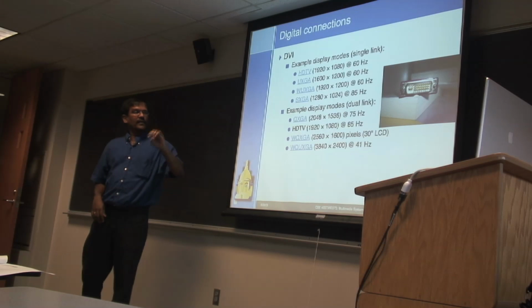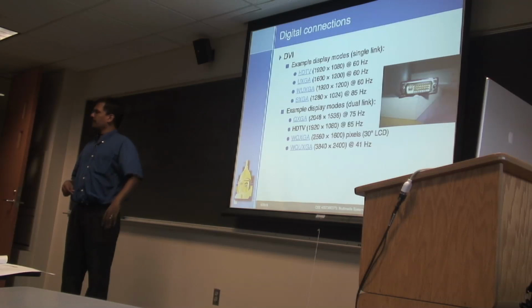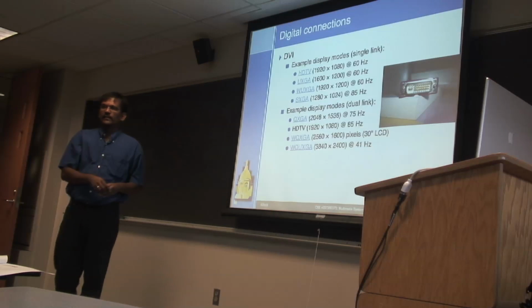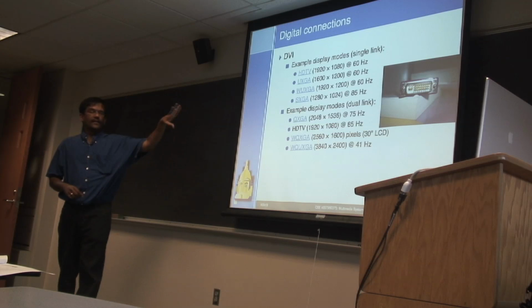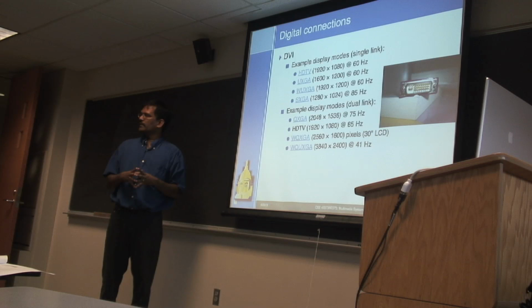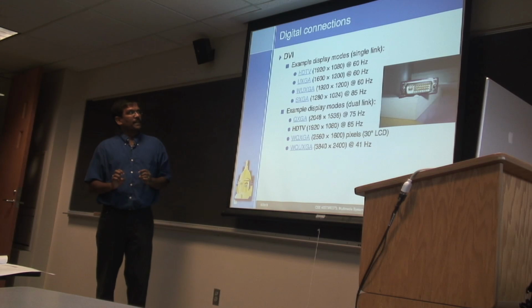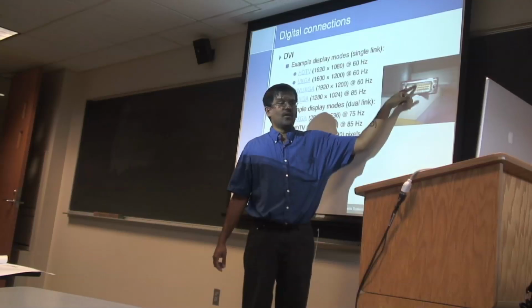On the digital front, you have the DVI, right? Digital Video Interface. So this laptop talks DVI, but of course, we shifted to the analog format. And essentially, it has different resolution and different links. So they talk about single link and dual link, depending on how many pins there are.